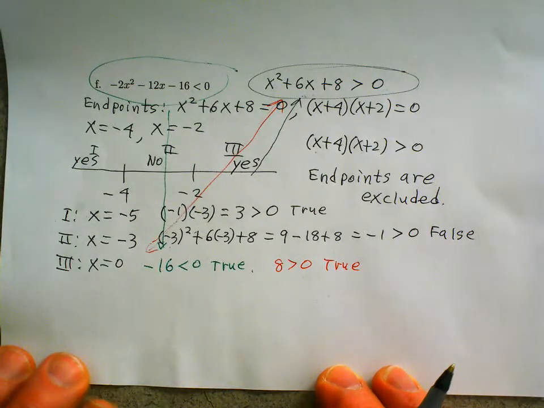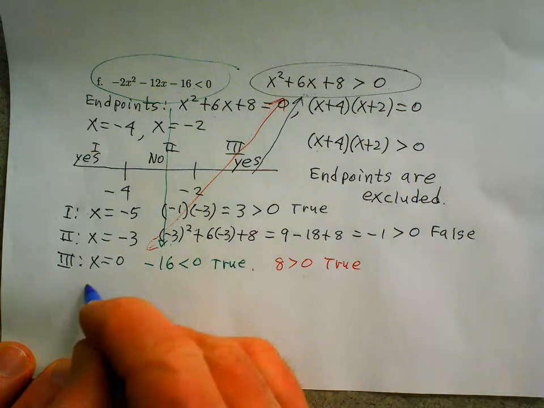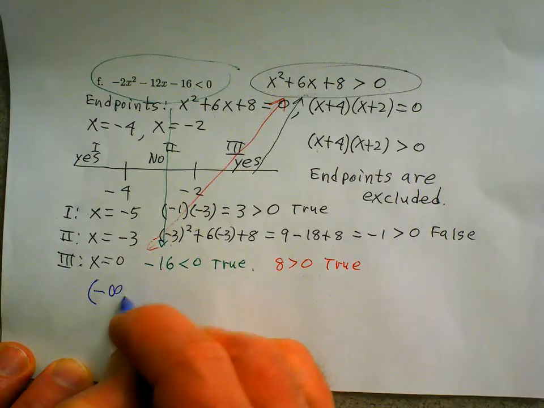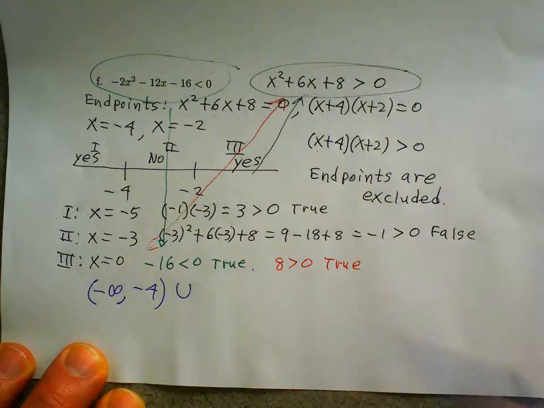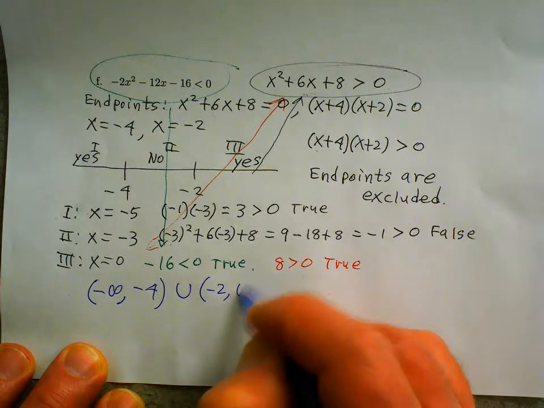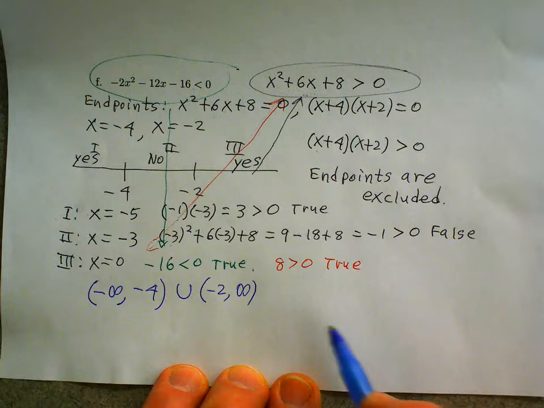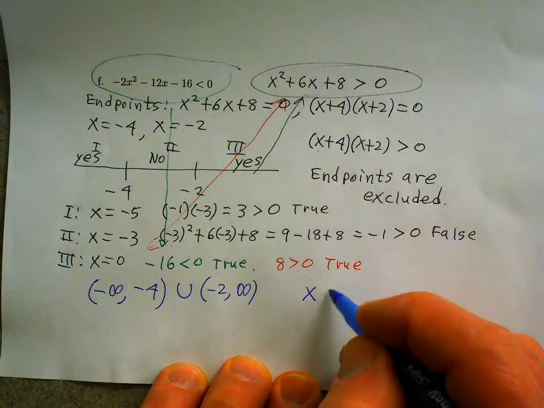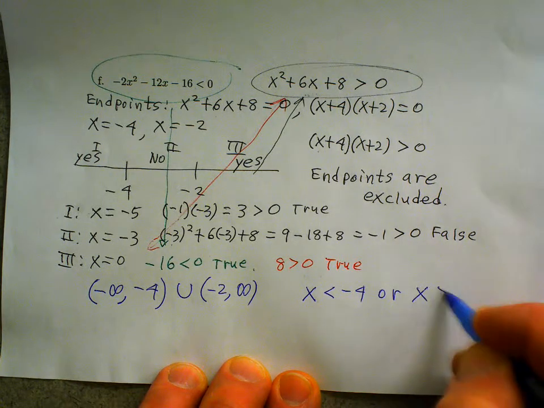And so the interval notation is parenthesis, -infinity, comma, -4, parenthesis, union, parenthesis, -2, comma, infinity. Then the algebraic notation: x is less than -4 or x is greater than -2.